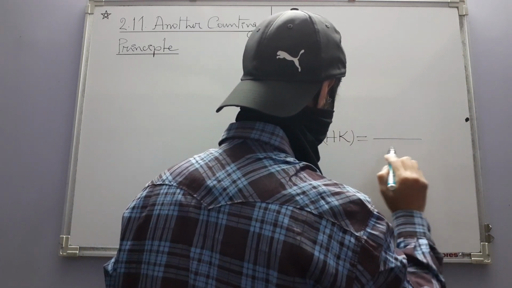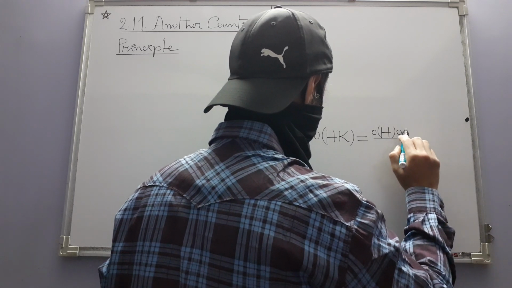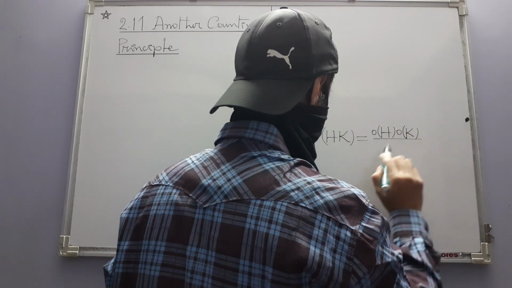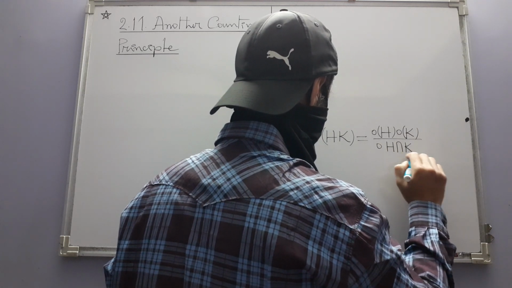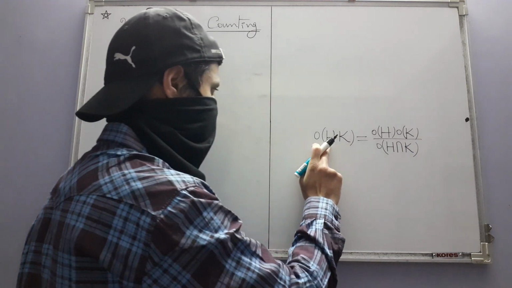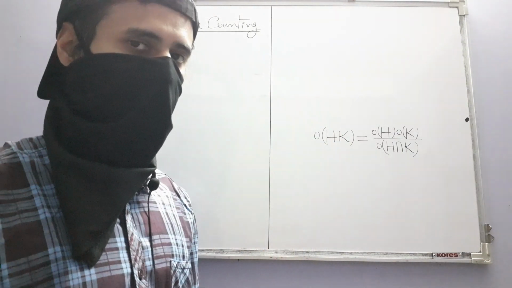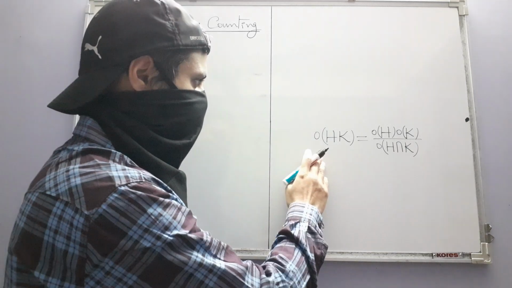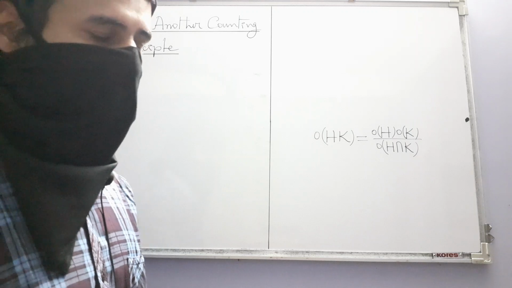If you remember, this is the formula that calculates the number of elements in this product HK of two finite subgroups H and K of some group, and that's where we saw one counting principle.